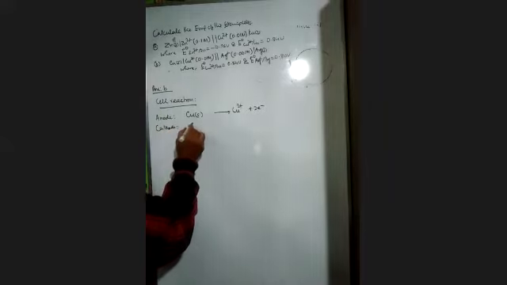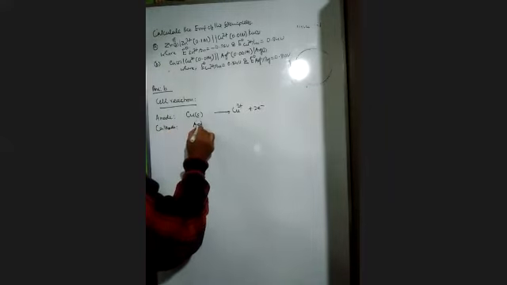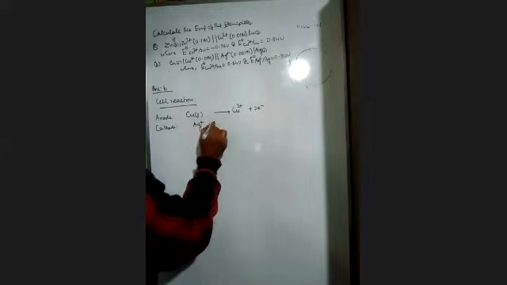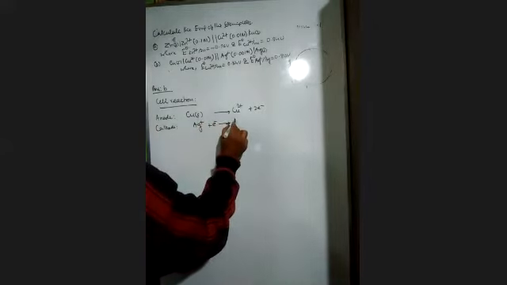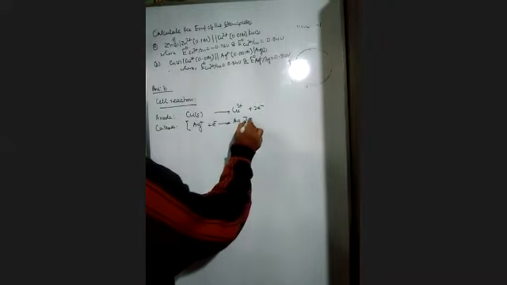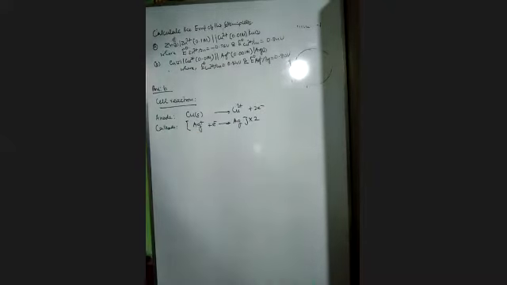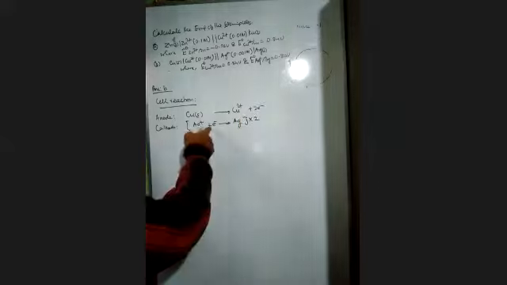Cathode: it is Ag+, and it is going to take 1 electron, so you will get Ag. Please remember, any chemical reaction is electrically neutral. So how do we make it neutral? Then I have to multiply it by 2. 2 electrons given, 2 electrons taken.